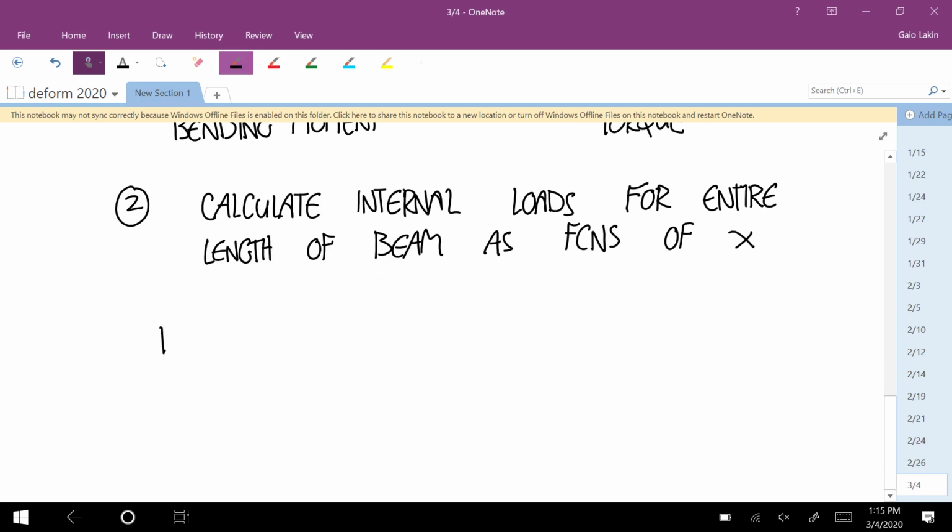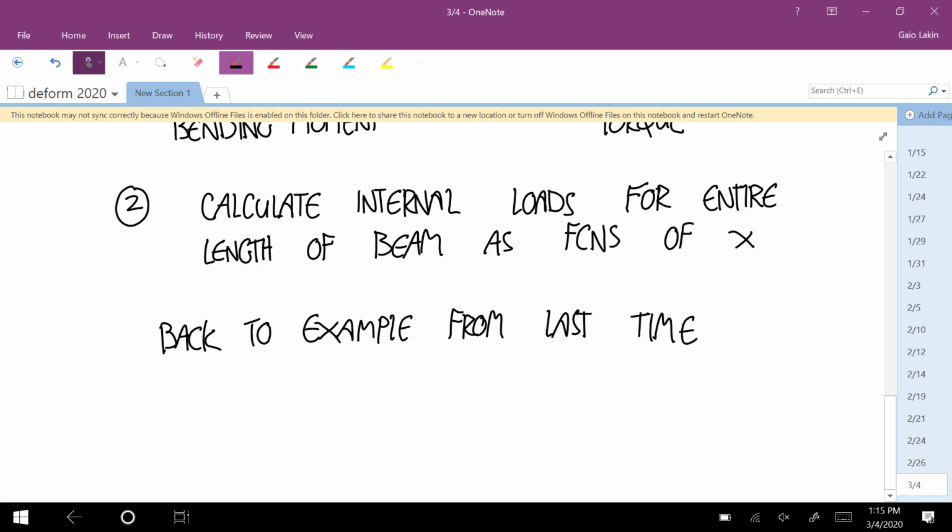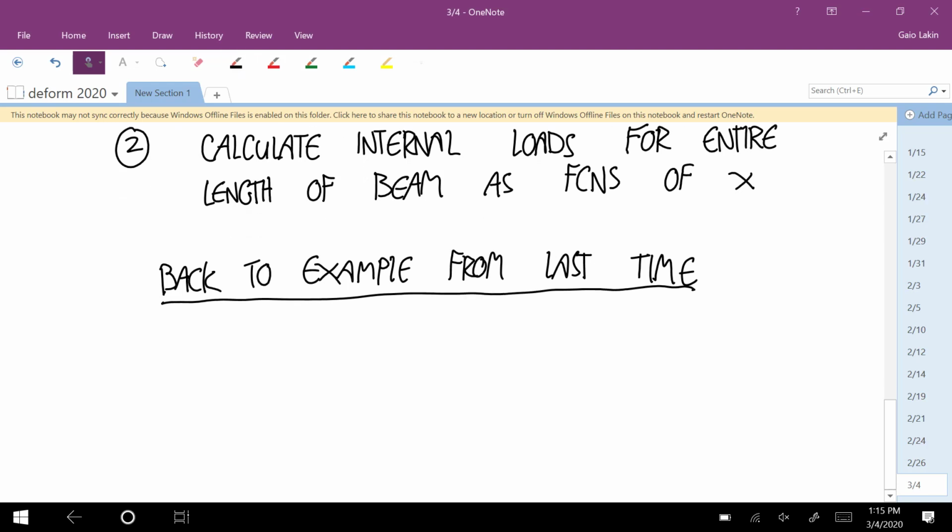Okay, so now back to the example from last time. We already calculated all the external loads. And so I'm going to do a free body diagram of the left side of that place where we want to find the internal loads. I'm including the stuff in black and skipping the dotted line stuff.